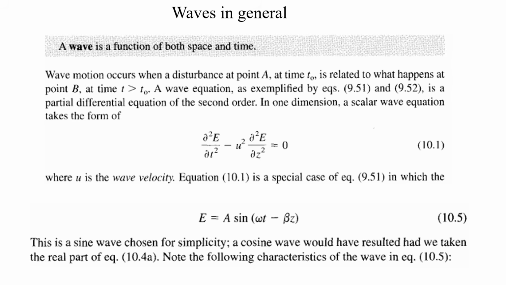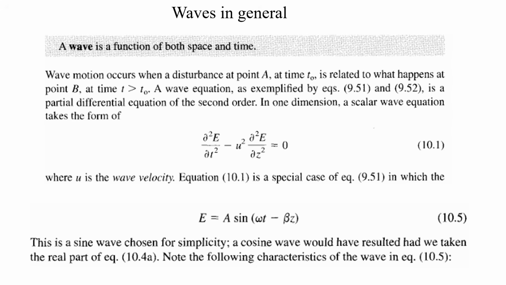Further, if you solve this second order differential equation, you will get the solution, that is, how the wave equation will be. Ultimately the solution will be sinusoidal, like E is equal to A sin(omega t minus beta z), where omega is the frequency, t is time, and beta is a constant. Here you get the sine wave, which is just chosen for simplicity. It may be a cosine wave depending on the phase. So this is the way to represent the general wave.